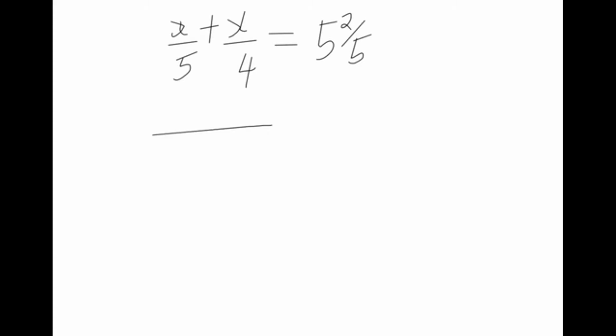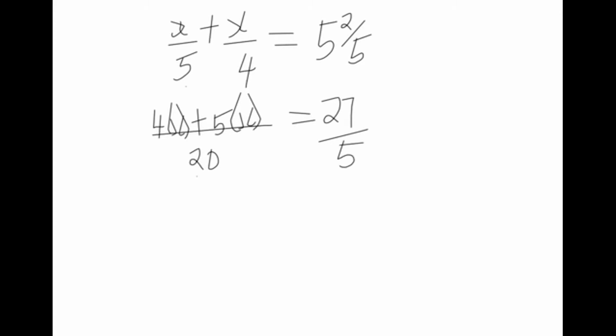So our LCM for 5 and 4 is 20. We have 20 divided by 5 is 4 into x plus 20 divided by 4 is 5 into x should give us 5 and 2 over 5, in an improper fraction is the same as 5 times 5, which is 25, plus 2 is 27 over 5.